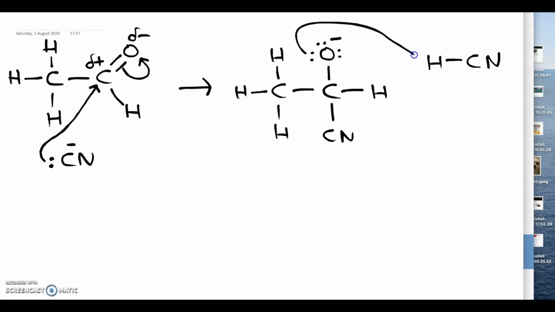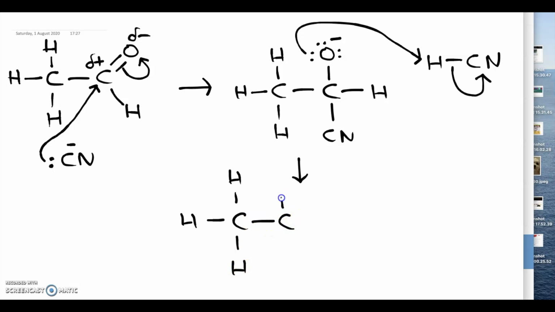And this pair of electrons attacks a hydrogen in hydrogen cyanide. The hydrogen cyanide bond breaks, and therefore when the hydrogen cyanide bond breaks, there's an H plus which can add to the oxygen in the intermediate to form an OH group, and I've got my final product.